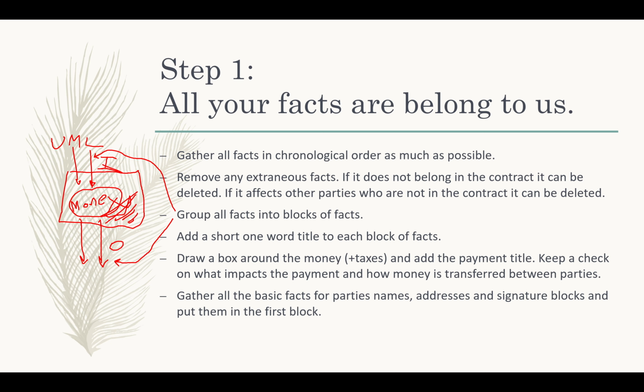For example, stage one is manufacture of the widgets, stage two is delivery of the widgets, etc. And then the number of questions which the parties will confront: what happens if the widgets are late or the widgets are not manufactured properly or something like that. So that's basically your template filled out, and you've got all your facts.